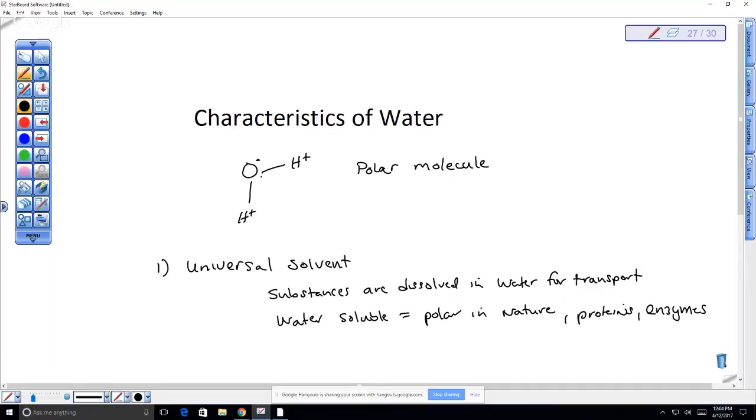So when we look at a solution, we could talk about sugar solution, for example. So a solution is equal to the solvent plus the solute. So the solute is the substance that goes into solution. So we can have a sugar solution. We can have a saline solution.